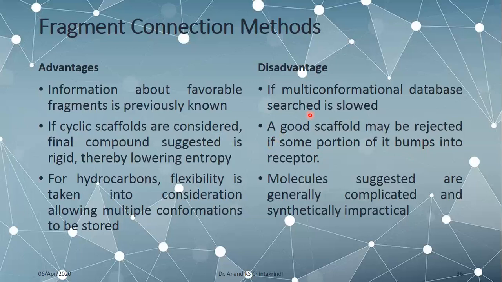So this is the major disadvantage, that the molecules suggested by this type of method are generally complicated. It is not synthetically feasible. If you see the structures, you generally get structures with asterine groups or disulfide groups, which are not normally found in small molecules as such.